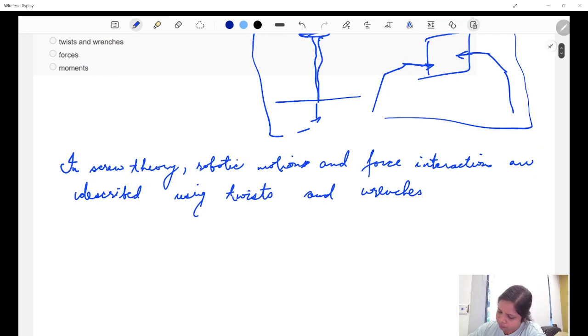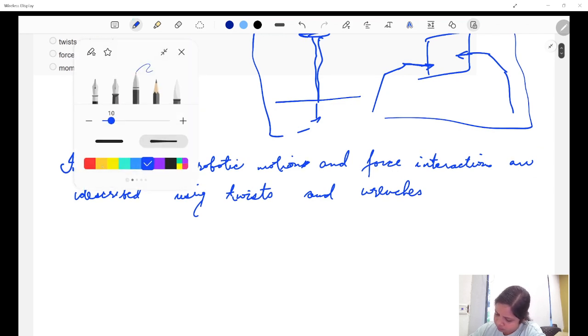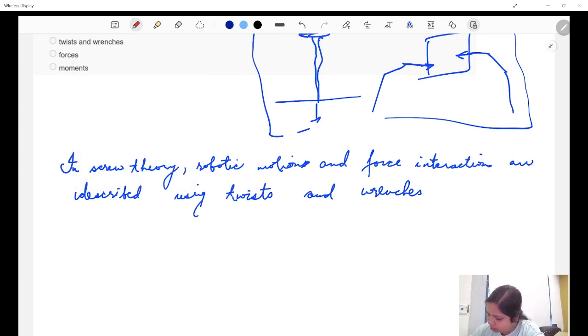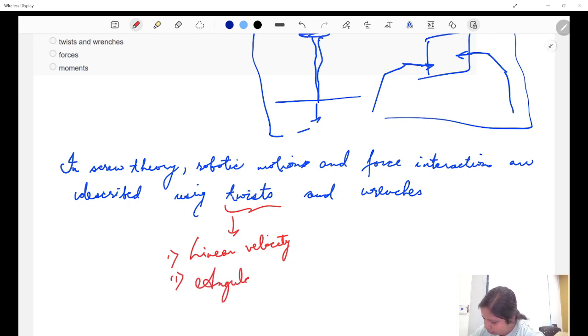The twist mainly deals with linear velocity and angular velocity, and wrenches deal with forces and moments.